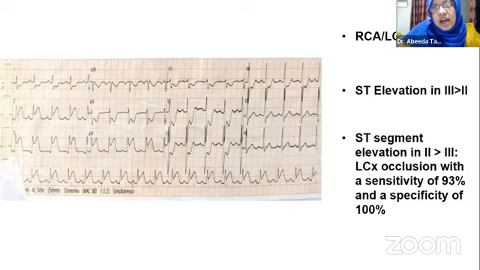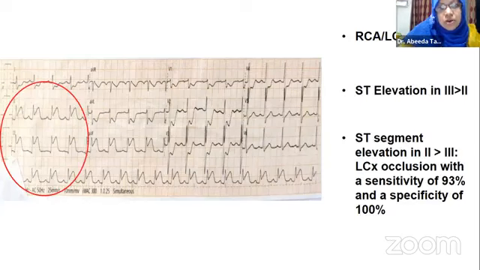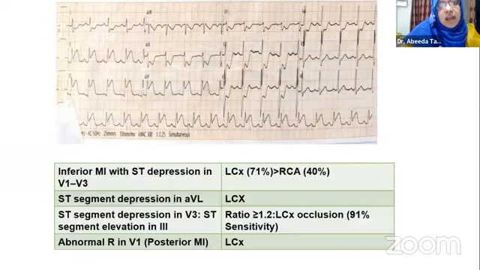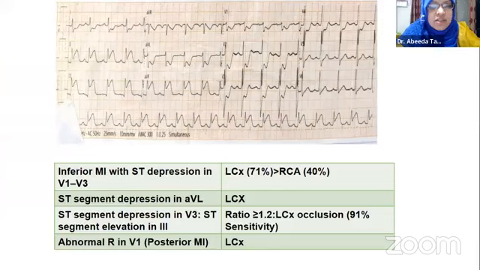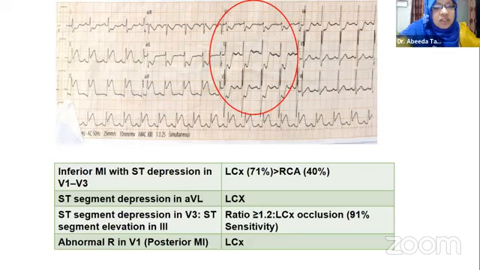In some literature that I have found, ST segment elevation in lead 2 being more than lead 3 goes in favor of LCX occlusion. So in this case, I tried to find other criteria for a chance of LCX involvement. If there is inferior MI with ST depression in V1 to V3, there is a high chance of LCX being involved rather than the right coronary artery.